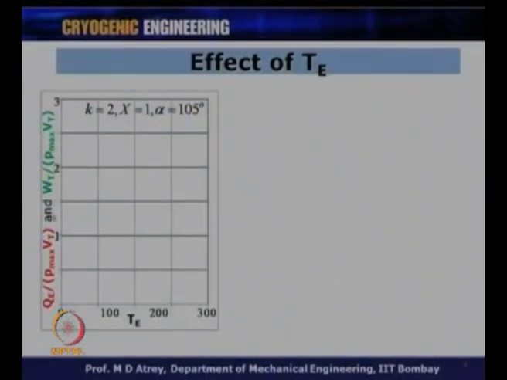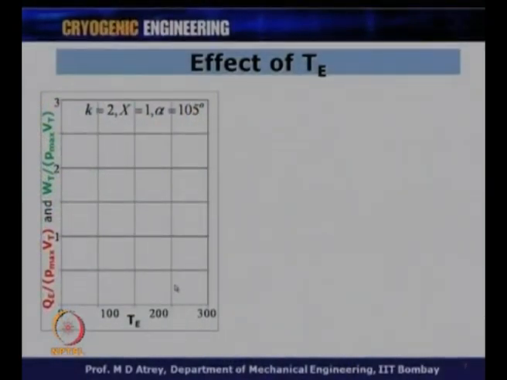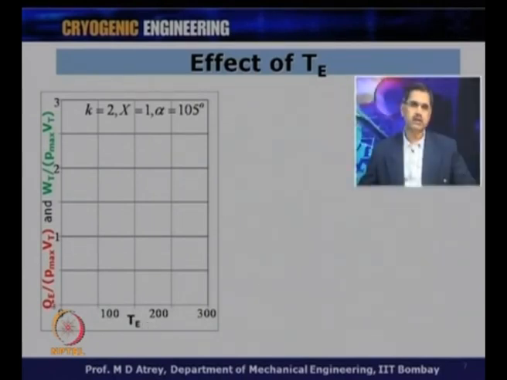Let us study the effect of this parameter. This is my y axis and this is my x axis, and on the x axis I have put TE given in Kelvin, while on the y axis I can show both the parameters Qmax and Wmax. The red curve shows the relationship between Qmax and TE and the green curve shows the relationship of Wmax to TE, and these curves are plotted for given parameters k equal to 2, x equal to 1 and alpha equal to 105 degrees.